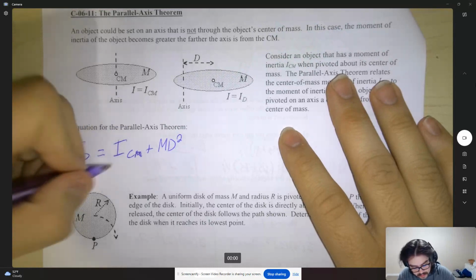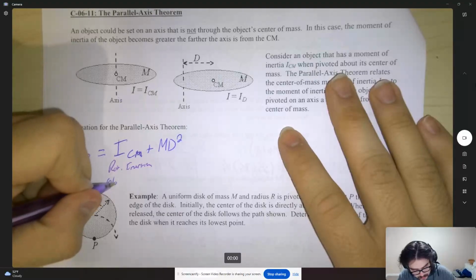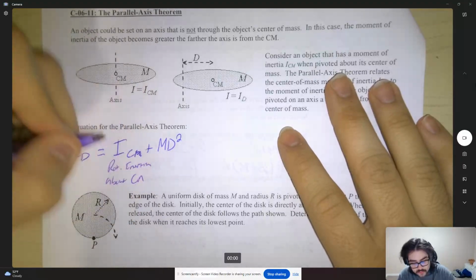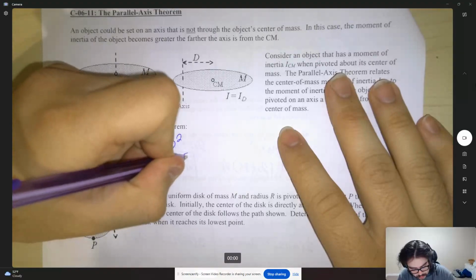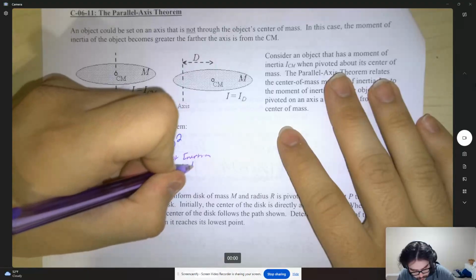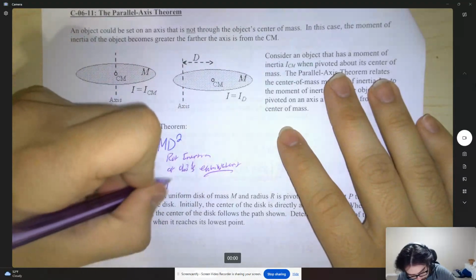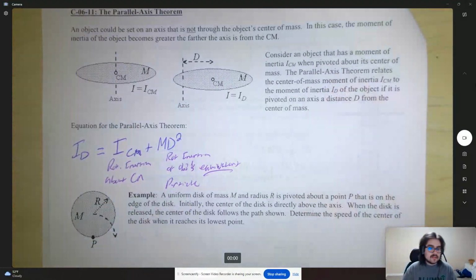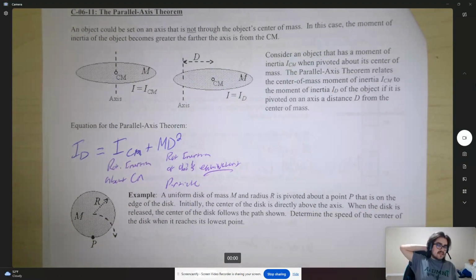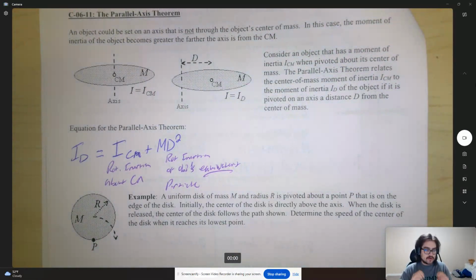This right here is the rotational inertia, okay, about the CM, about center of mass, and this right here is the rotational inertia, okay, of the object's equivalent particle, okay? So what that means is that we basically approximate the rest of the object as a particle, a point mass, pivoted about some axis, right?